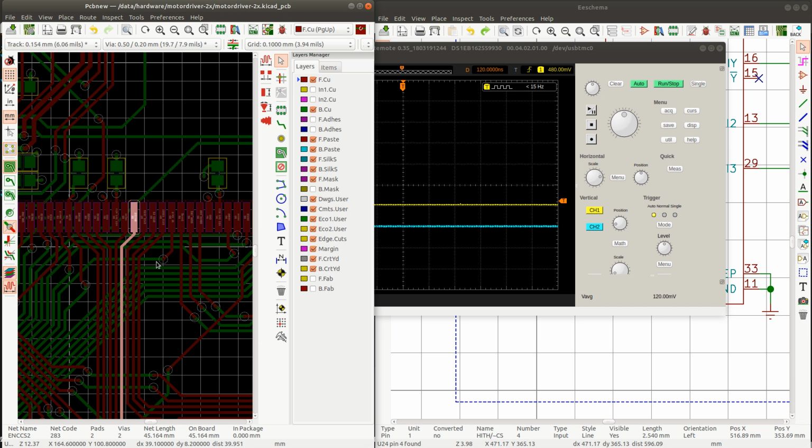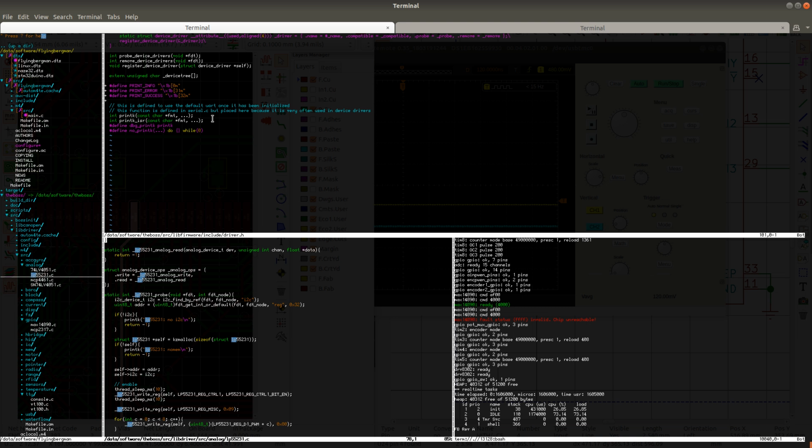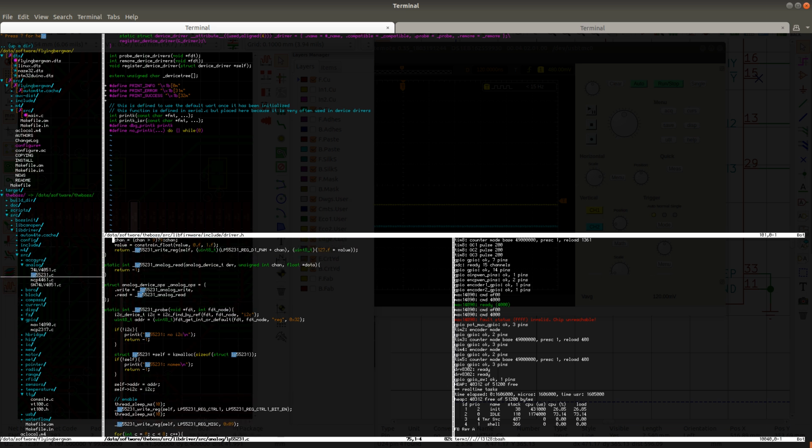Now, touching on the MCU pin, it seems to be low, which leads me to believe that maybe I forgot to configure it, because I had the same problem on the other board, and I didn't bother really looking into it until now. So maybe I just didn't configure the pin.